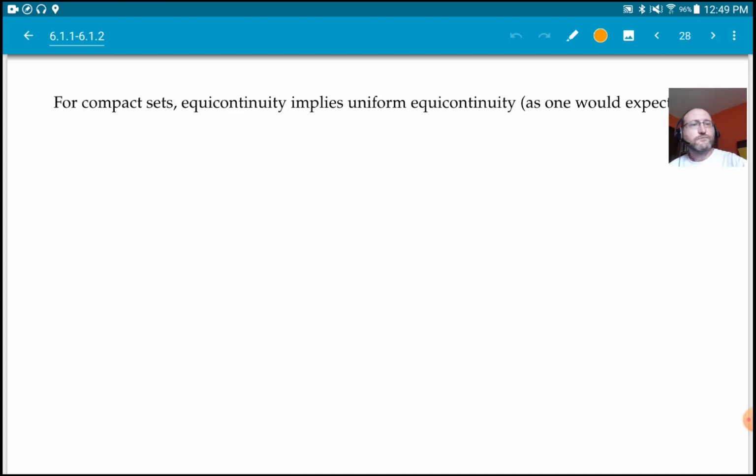Now, for compact sets, if the functions are defined on a compact set, as is true for single functions or finite sets of functions, if I have a continuous function on a compact set, it is uniformly continuous. Similarly, an equicontinuous set of functions on a compact set is actually uniformly equicontinuous, as one would expect.